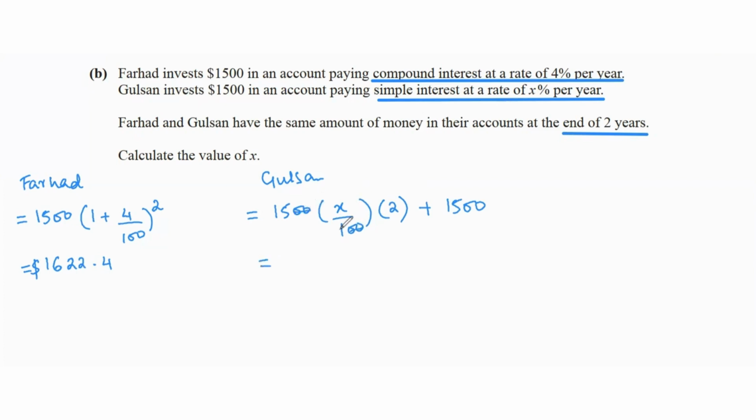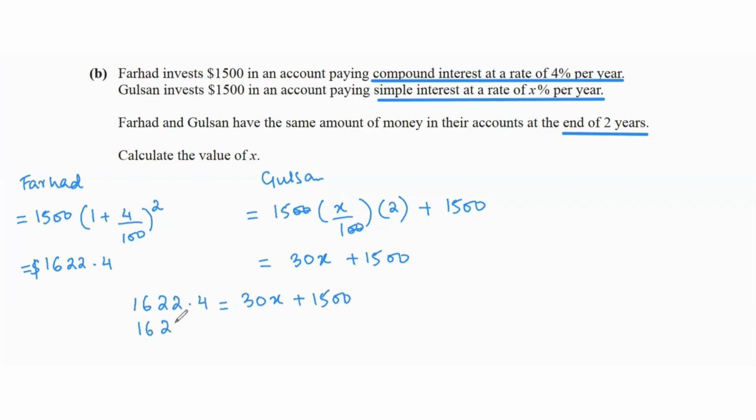So zeros get cancelled out. 15 times 2 is 30. 30x plus 1,500. Both of them have the same amount in their accounts at the end of 2 years, which means 1622.4 equals to 30x plus 1,500.